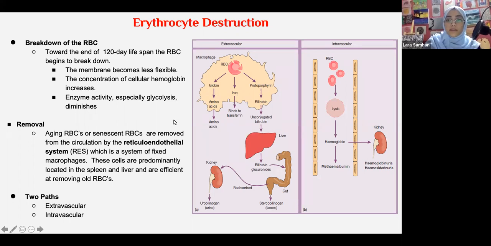Now, how will this RBC get recycled? It either gets recycled intravascular or extravascular. Intravascular means inside the vessel. Extravascular is outside the vessel. If it's outside the vessel, where exactly is it going to be recycled? It's going to be recycled either in the spleen or the liver or both of them. The liver and spleen are called the RES, the reticuloendothelial system.